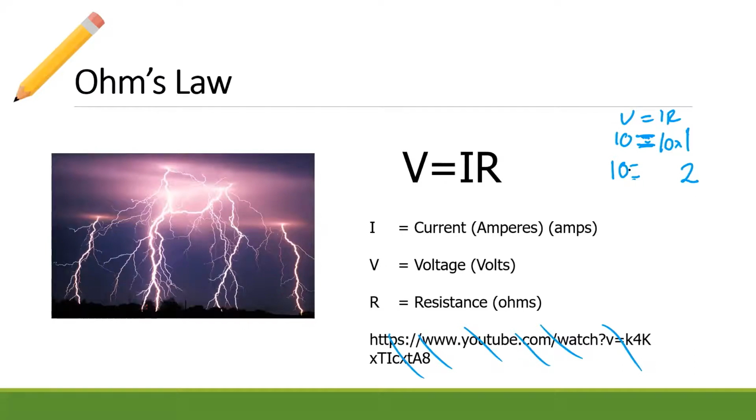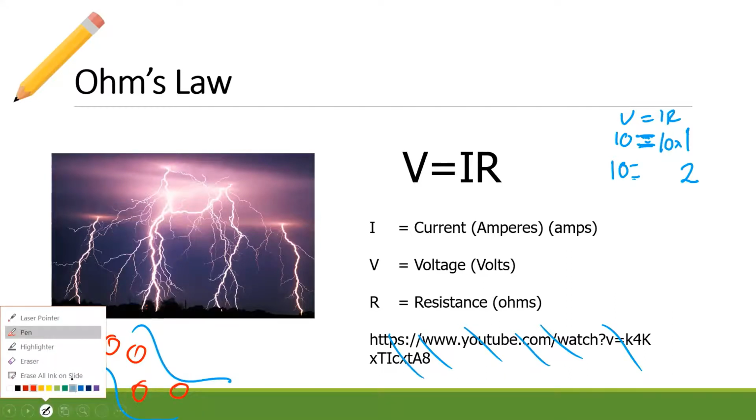Because the resistance is higher, it means there's going to be less current. The current is not going to be able to flow as easily because there is more resistance. It's like that river, and all of a sudden I've taken that river and added a bunch of extra rocks to make it harder.